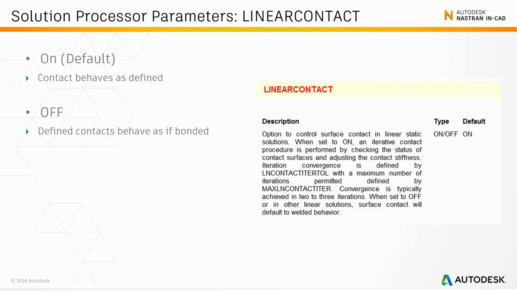Now, as we said, one of the areas of difficulty in transitioning to a nonlinear study is contacts. So if you are having problems and you potentially think that it could be contact related, you can potentially turn this to off, in which case it overrides the default behaviors that you've defined in the contacts, and it defines all of those as a bonded contact.